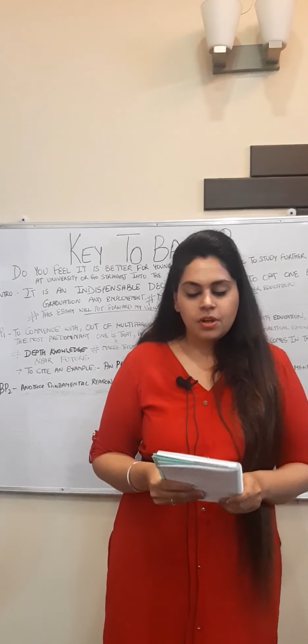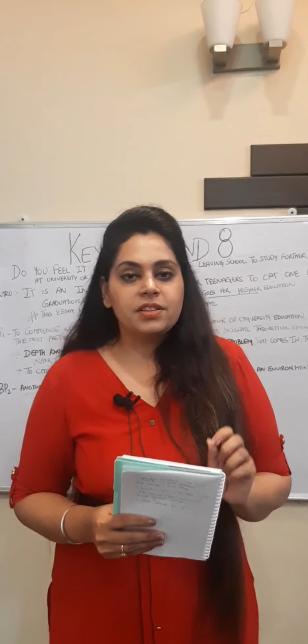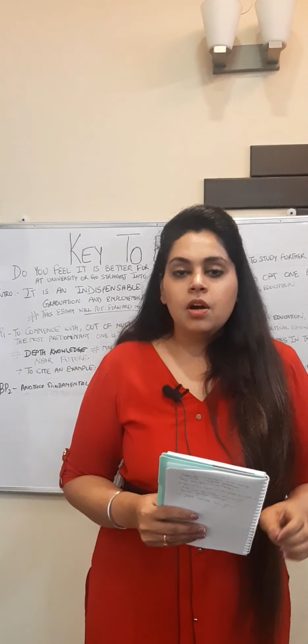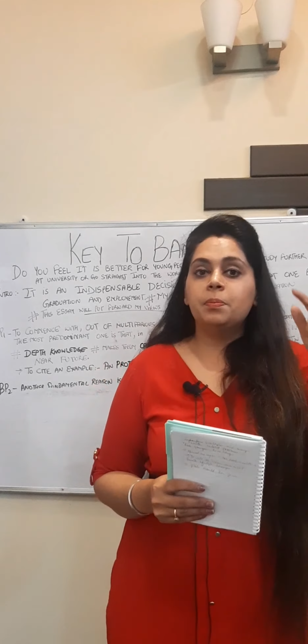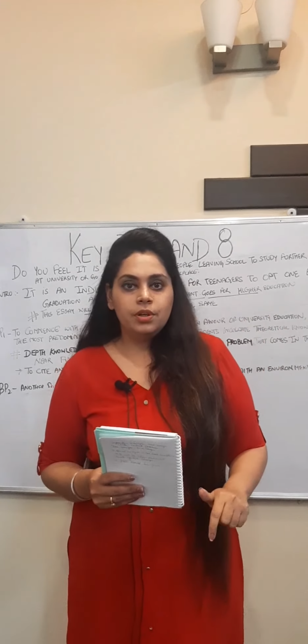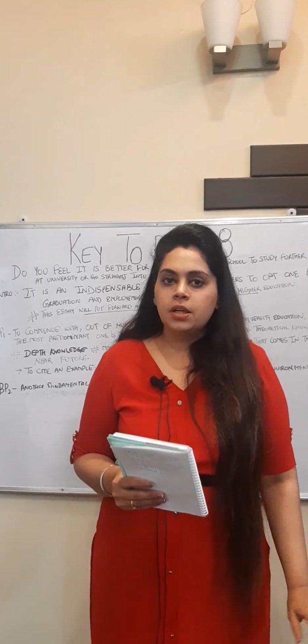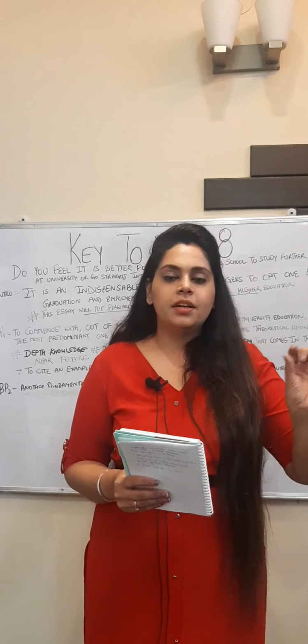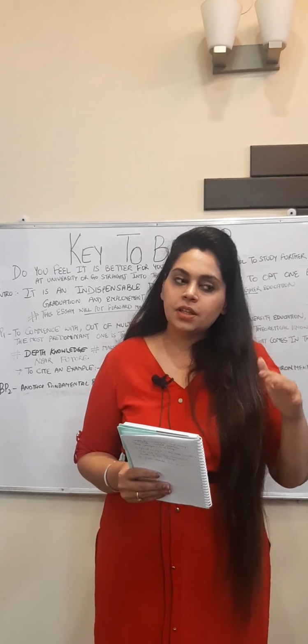In conclusion. Now in conclusion, I've already told you, do not give extra information. Only pen down about the things that you have already told in BP1 and BP2. So in conclusion, do not use any fancy word for the starting, just write in conclusion. Again, you are reiterating everything that you have already written.